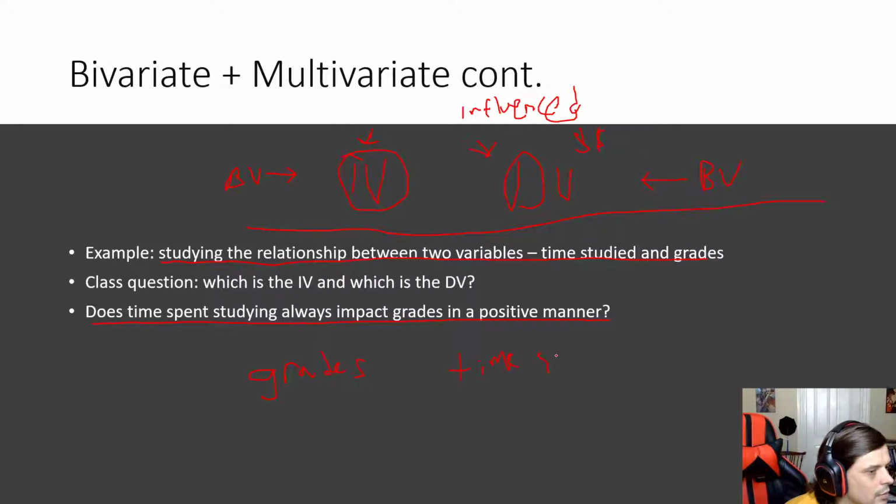Most people would argue that how much time you spend studying influences your grades. Therefore, your dependent variable, the one that's being influenced here, that's your grades. And your independent variable is time studied. Okay? So time studied is your IV, and your grades is your DV, or your dependent variable.